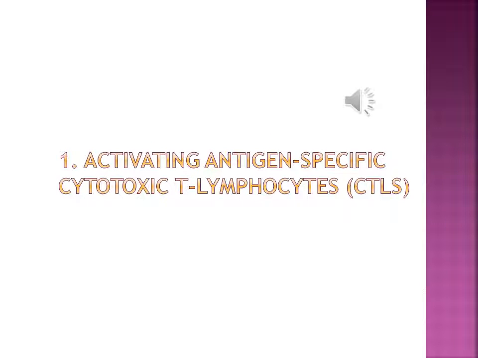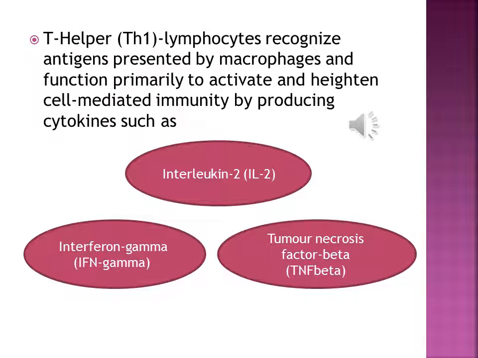First, activating antigen-specific cytotoxic T lymphocytes. T helper 1 lymphocytes recognize antigens presented by macrophages and function primarily to activate and heighten cell-mediated immunity by producing cytokines such as interleukin-2, interferon gamma, and tumor necrosis factor beta.